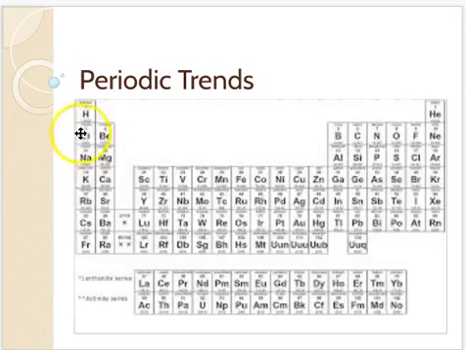So lithium is going to be the biggest atom in this period. Beryllium is smaller, boron is even smaller, carbon is even smaller, and as you go across, you're staying in the same energy level, adding protons, pulling those in. So neon is the smallest element in the second energy level.